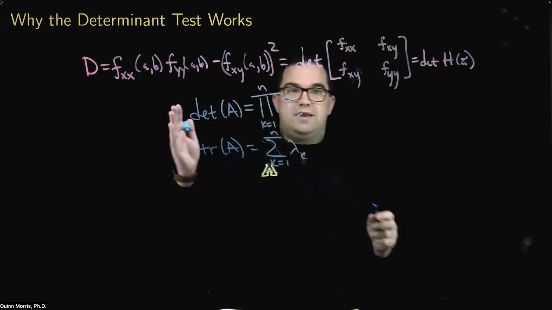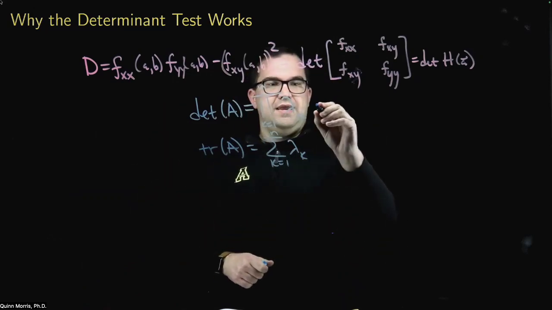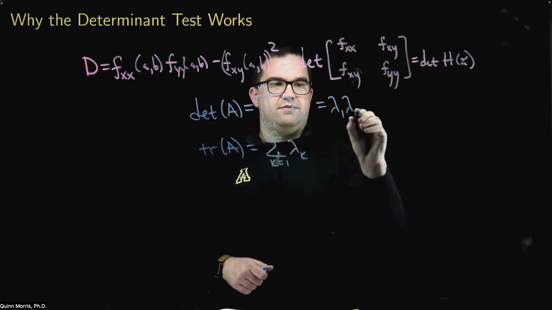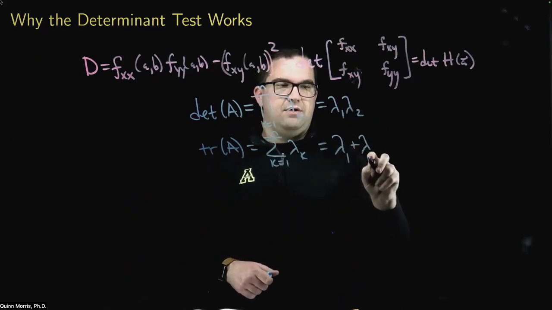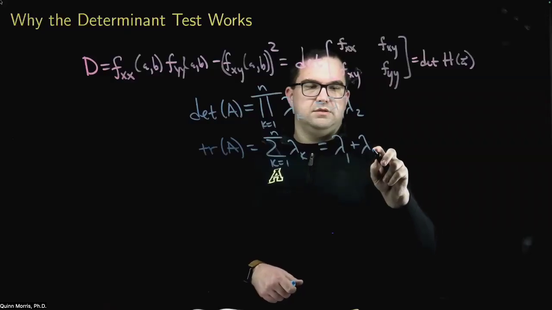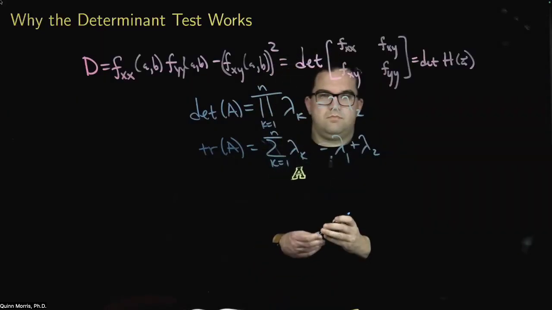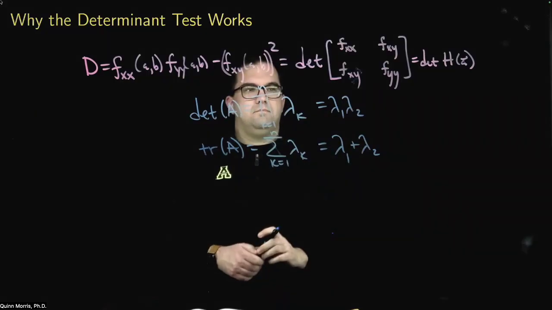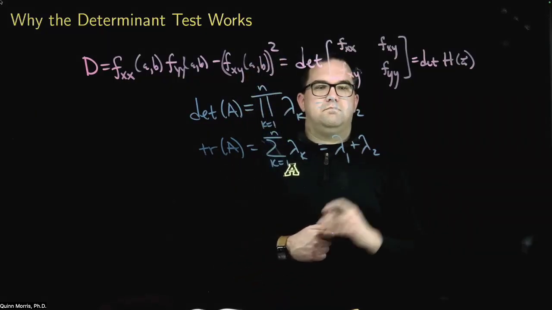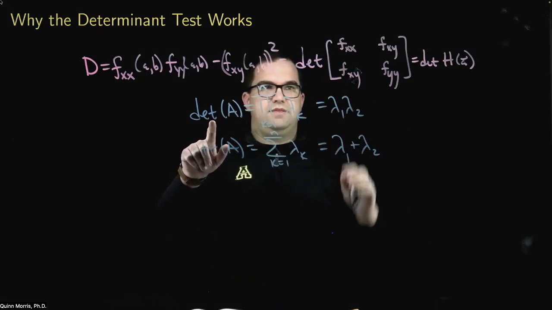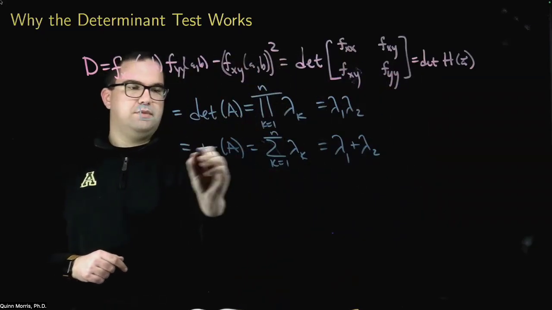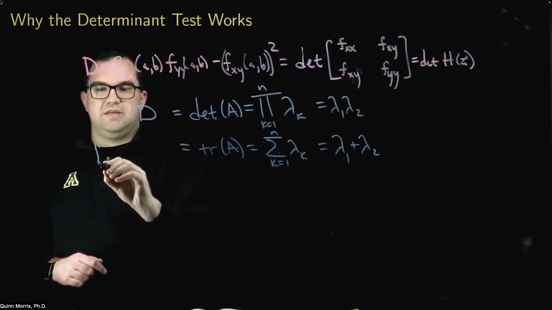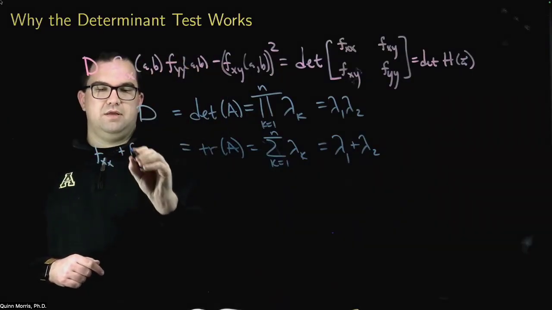Now, we're just in R2, so this is just the product of the eigenvalues, lambda 1 and lambda 2, and this is just the sum of the eigenvalues, lambda 1 plus lambda 2. I can also express the determinant, that's just that quantity capital D. The trace here is just f_xx plus f_yy.